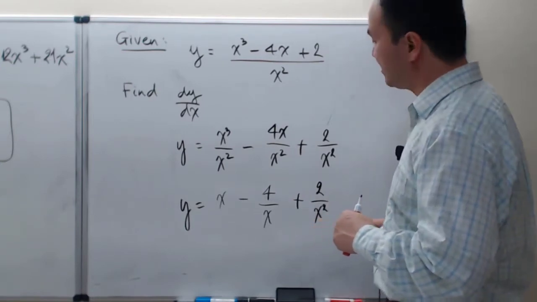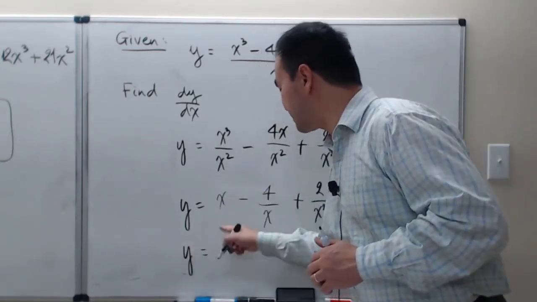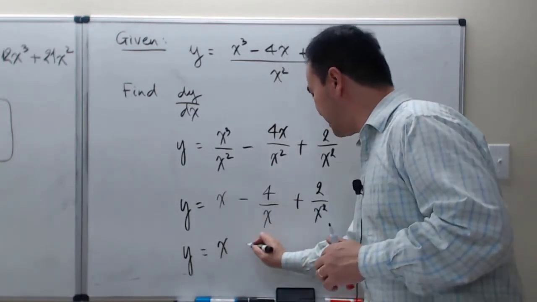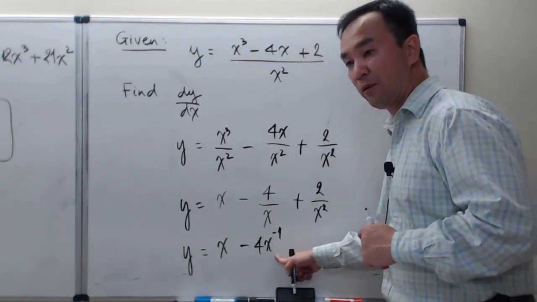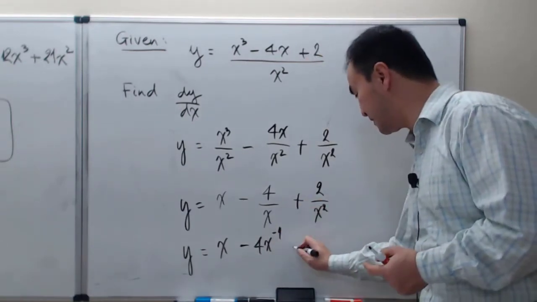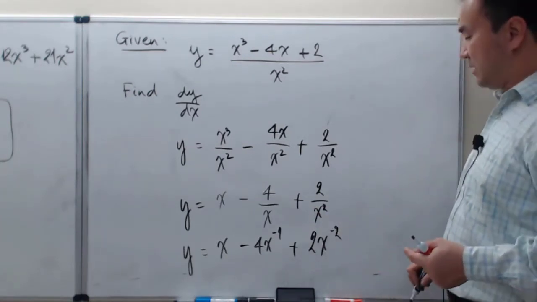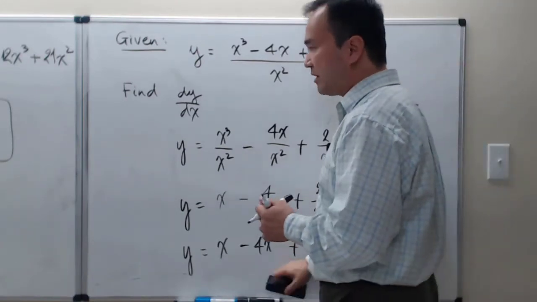Nothing can be changed there. And now we can trivially see that we can apply the power rule here by thinking of that as power 1. This here is minus 4x to the negative 1. So power rule can apply here. We only need the power rule for this. Plus 2x to the minus 2 power. So if we approach the problem this way, then dy dx will come out easily.